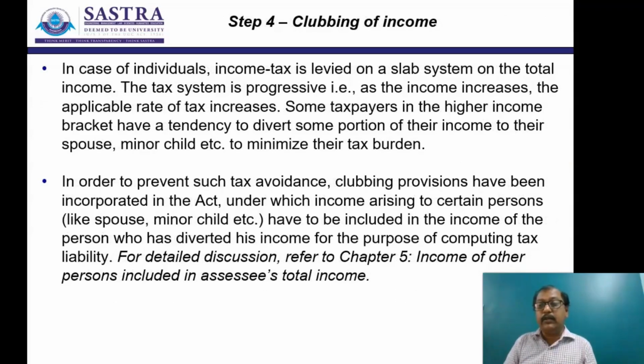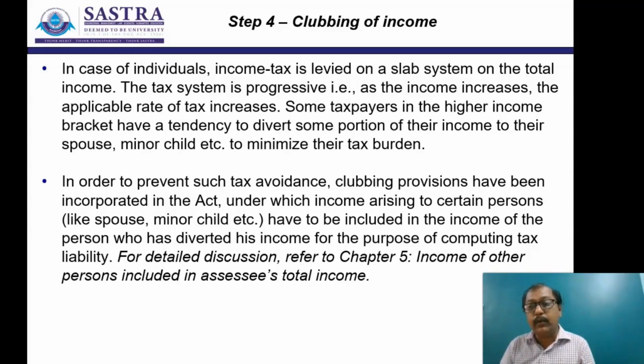Next step is clubbing. In the case of individuals, income tax is leviable on a slab system on the total income, and the tax system is progressive. As income increases, you will have to pay more taxes, and as income decreases, you will have to pay less taxes.